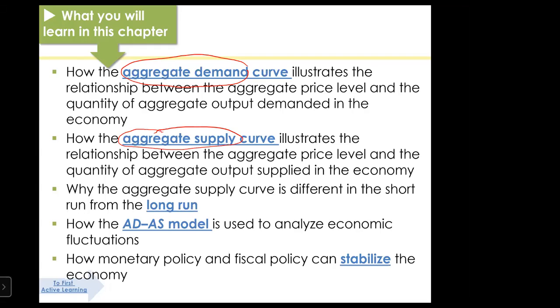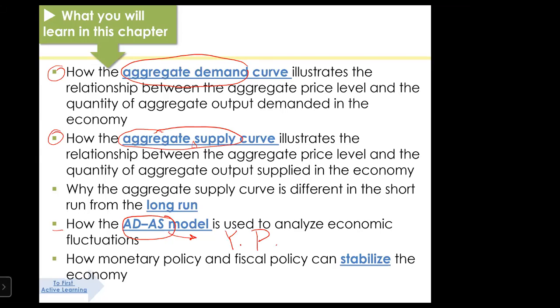When we look at aggregate supply, we are going to differentiate between the short run and long run. With the discussion of these two concepts, we are ready to look at the aggregate demand and aggregate supply model. This model is going to help us understand what determines GDP and what determines the price level.